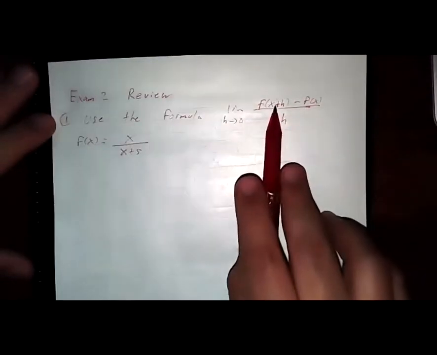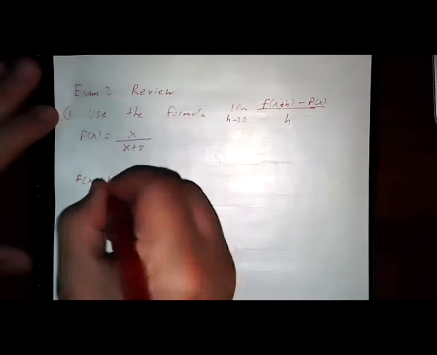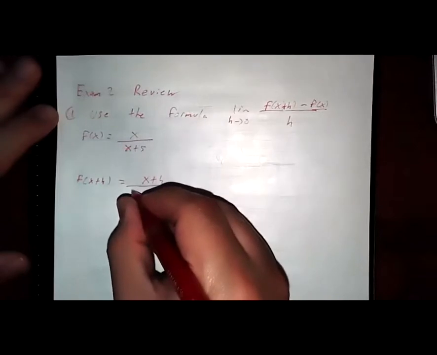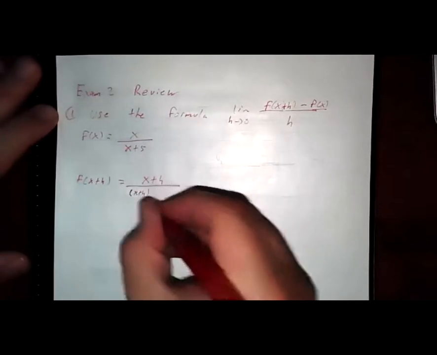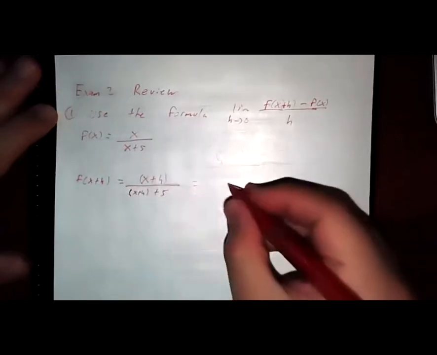So let's find f of x plus h in order to use the formula. It helps to do it in steps. If they give you the original, find the plus h version, which means you plug in x plus h everywhere that you have an x. I'm going to put parentheses to show that I plugged it in, not that it does anything, right?